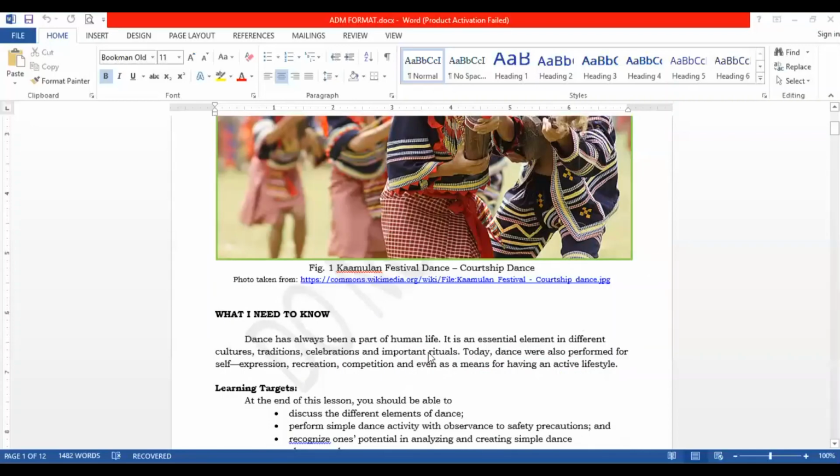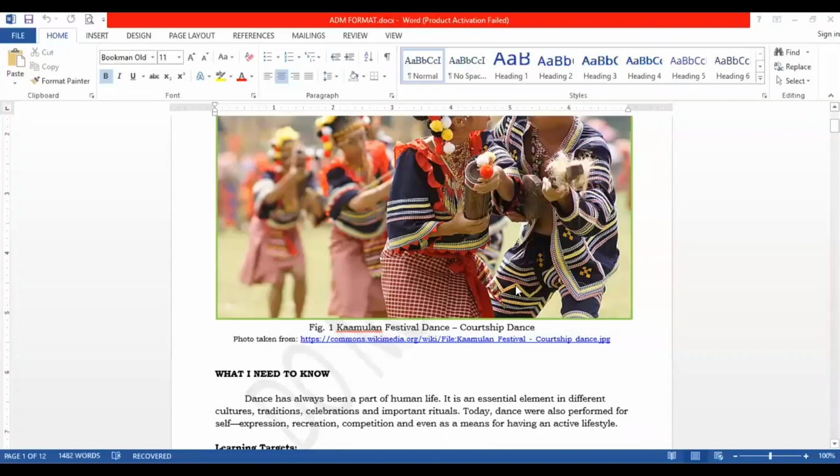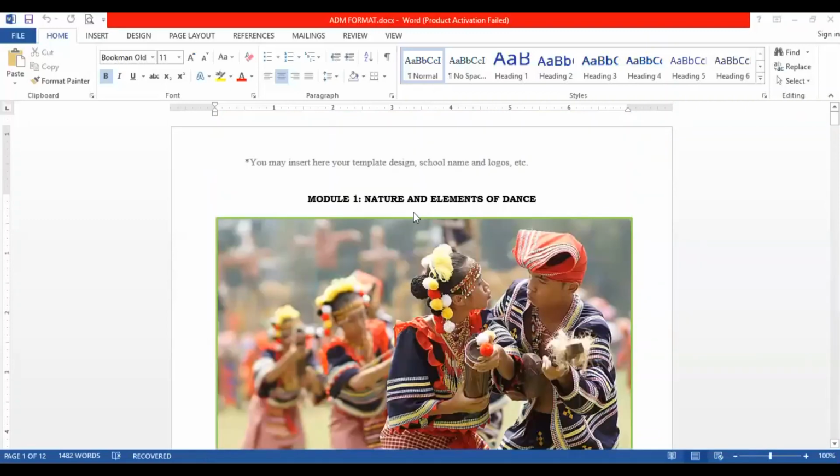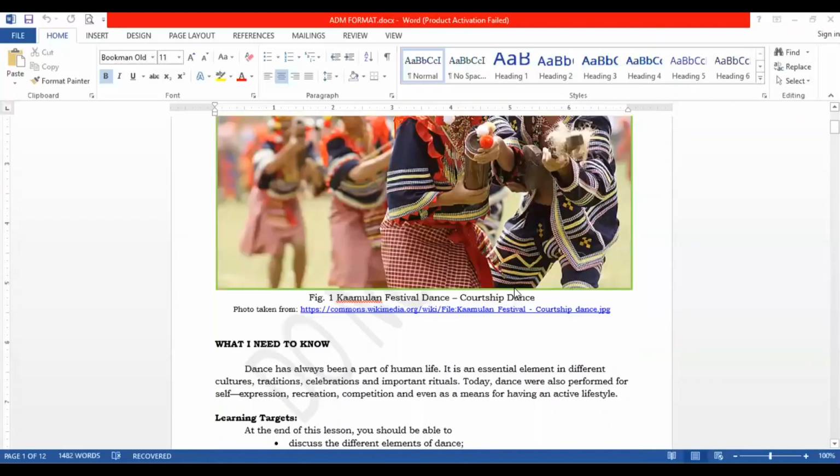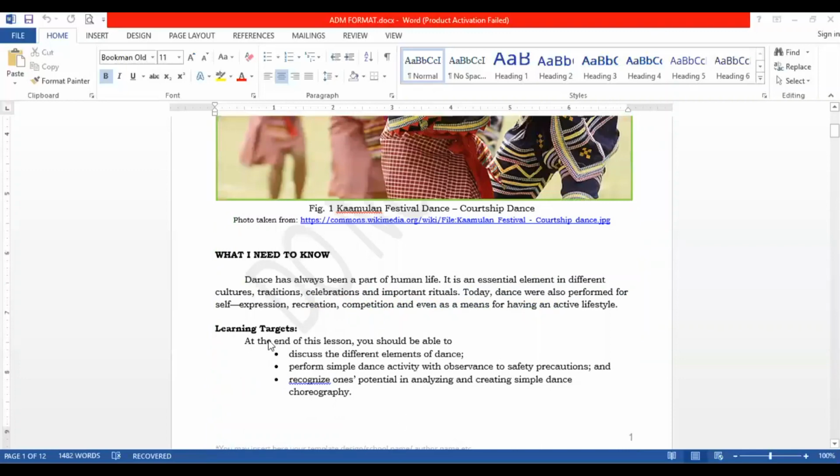Now, on the what I need to know part, again, my topic is nature and elements of dance. No? So this lesson is, ang LC na MELC na inaangklahan ng lesson na to includes the learners engages to moderate to vigorous physical activity.